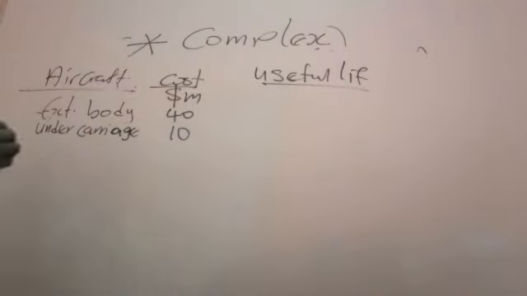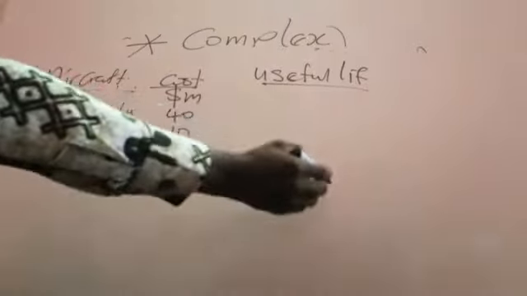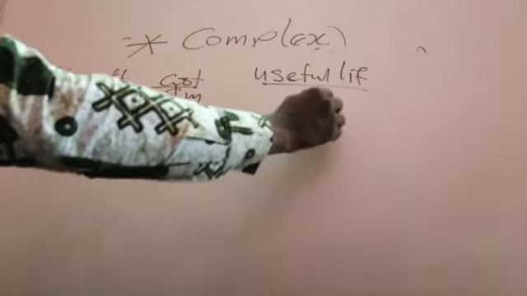Then let's assume that the total value of the engines is 16 million. Good. Now let's see the useful life. The entire body of the aircraft, 40 million, is going for 20 years.